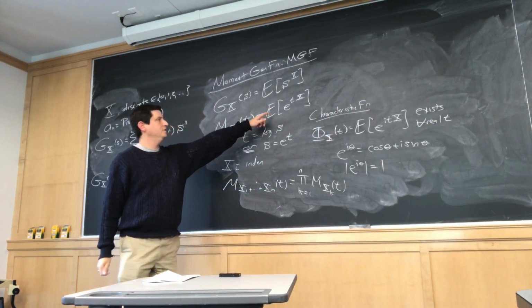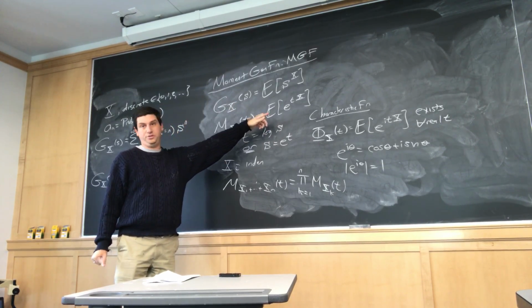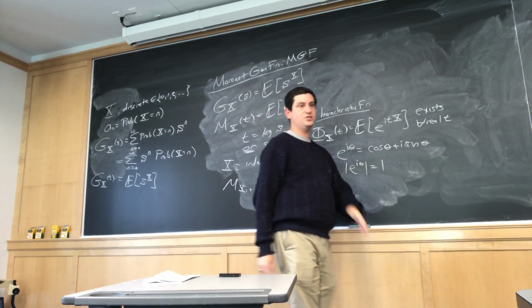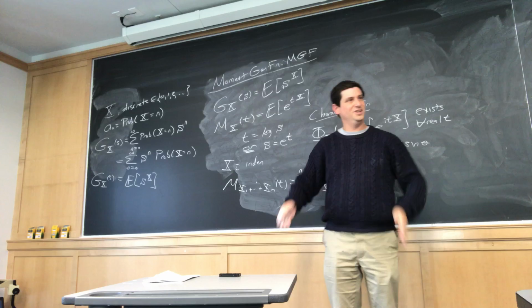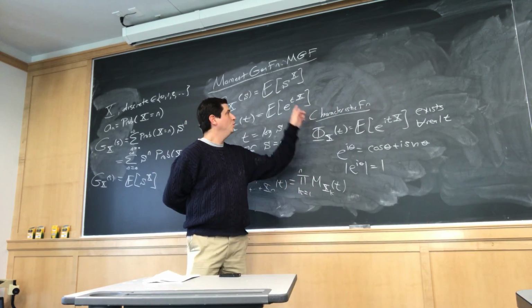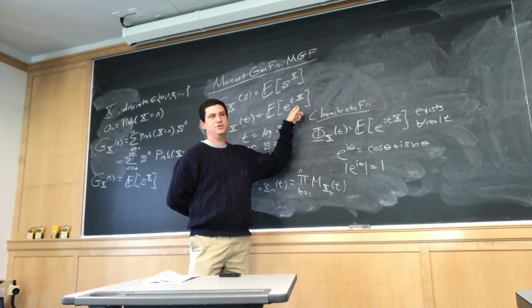This function might not exist anywhere. We have exponential growth. So I could have a probability distribution function that's decaying slowly. Let's take the Cauchy distribution. The Cauchy decays like 1 over x squared. Well, when t is positive, it's going to be infinite.